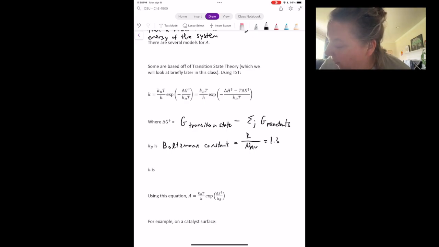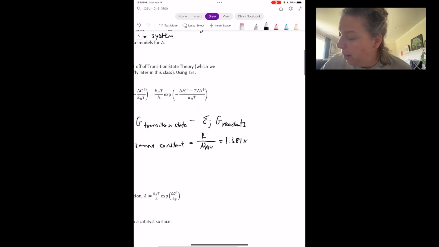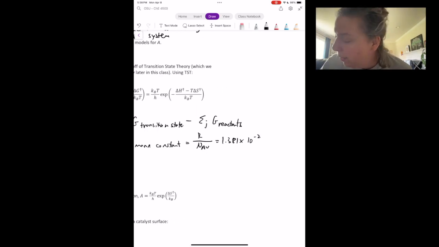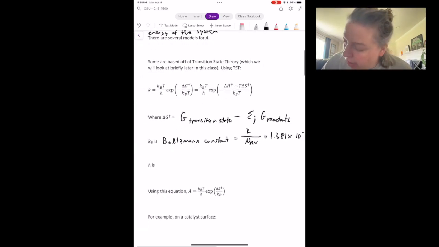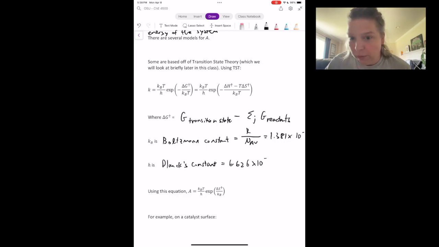So one value of that would be 1.381 times 10 to the negative 23 joules per Kelvin. h is Planck's constant. It is going to be equal to 6.626 times 10 to the negative 34 joule seconds.